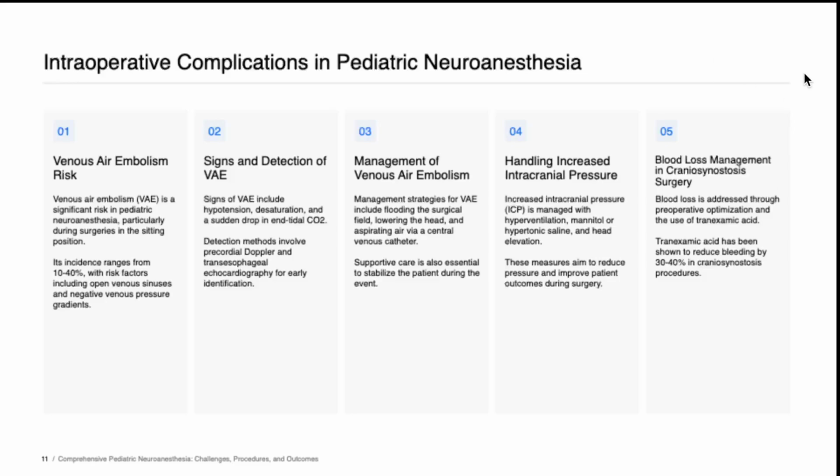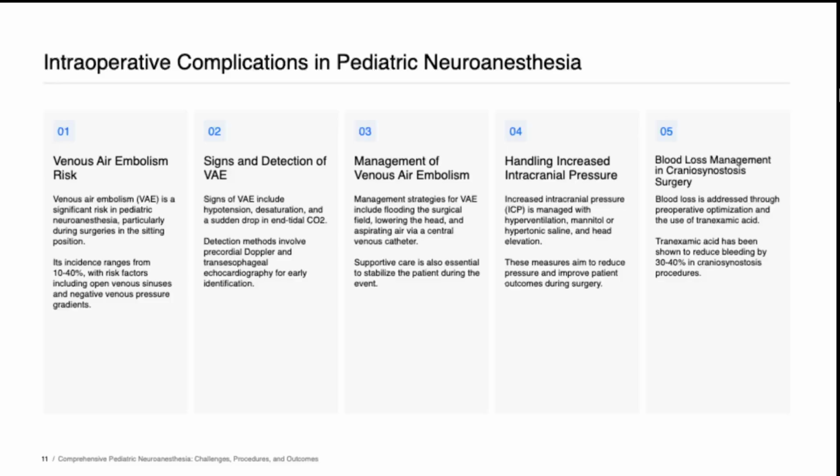So as we look here, there are some specific intraoperative complications in pediatric neuroanesthesia that we need to be aware of. The first one is something I've mentioned a few times already, venous air embolism. And it's a significant risk in pediatric patients because their central venous pressure is much lower than an adult.